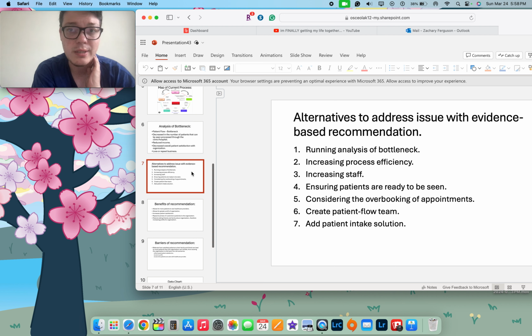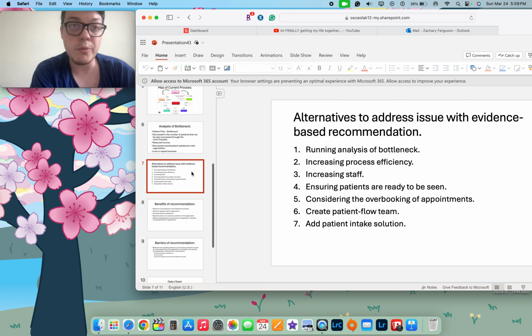Increasing staff, because increasing staff will allow increased patient numbers to flow through. Ensuring patients are ready to be seen, which could be done by increasing staff, such as secretaries and stuff to check patients in, insurance people, nurses, doctors, physician assistants, physical therapists.